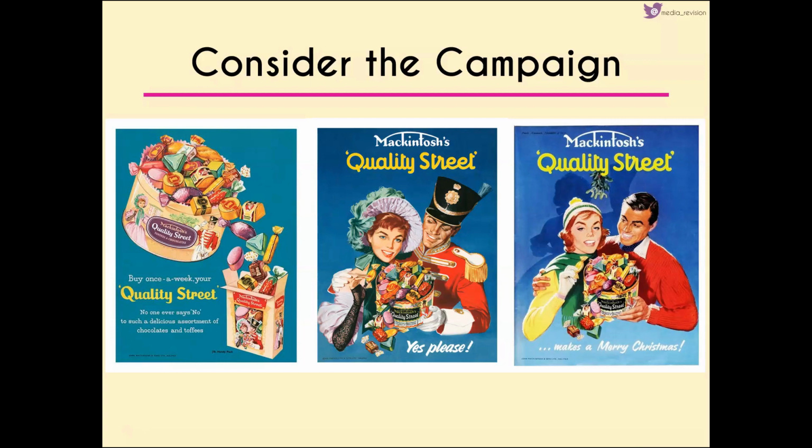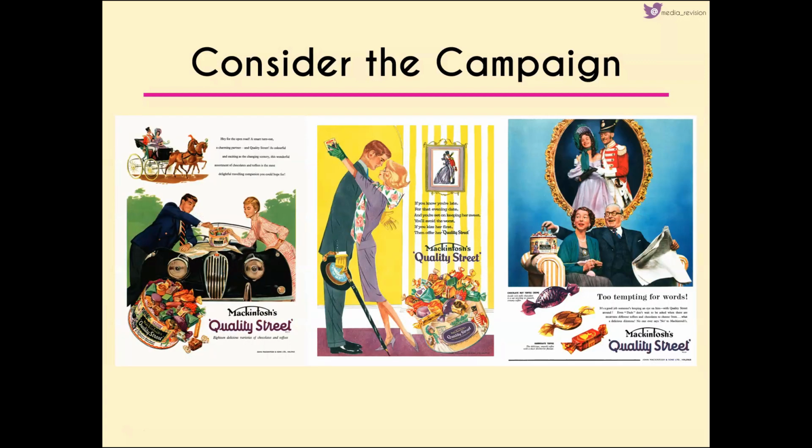And also the fact that the logo hasn't really changed compared to the advert that we're looking at. So we've still got the fact that it's Macintosh, a family brand, family name, but also Quality Street written in that cursive font as we see in our advert that we're studying.